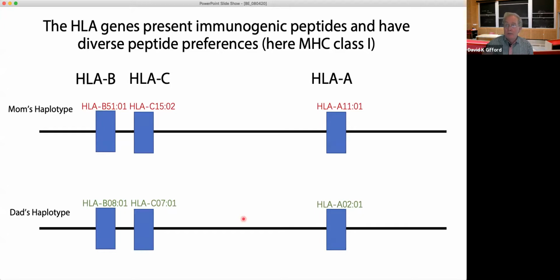Here we're going to talk about the presentation on class 1 molecules, the classical ones, HLA-A, HLA-B, and HLA-C. You get 3 of these HLA molecule alleles from your mom and 3 of them from your dad. And there are thousands of different alleles, and each allele has a particular preference for the peptides that it's going to display from the virus.